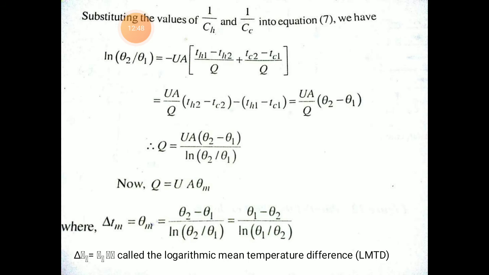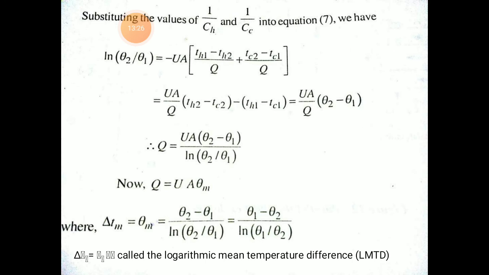Now Q is equal to UA theta m, where theta m is known as LMTD, the logarithmic mean temperature difference, and it is calculated by the formula (theta 2 minus theta 1) upon ln (theta 2 by theta 1), or you can use the other formula, which is (theta 1 minus theta 2) upon ln (theta 1 upon theta 2).